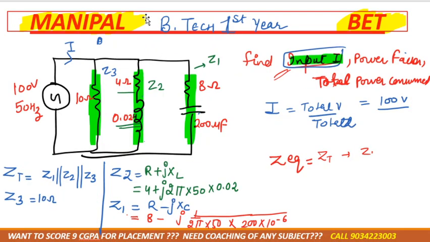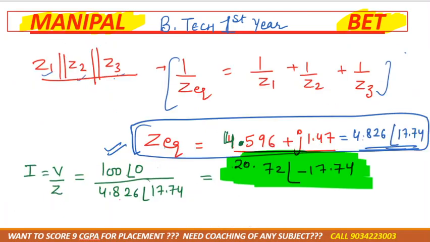Okay. Next part, they are asking the power factor. As you know, power factor is what? Cos phi. Power factor is what? Cos phi. So phi angle, we need to calculate it. So power factor is cos phi, and phi is always the angle of impedance.